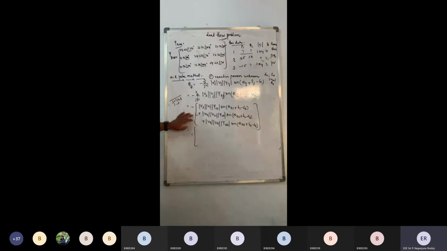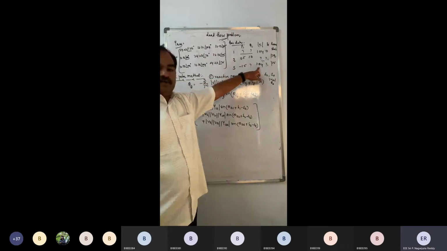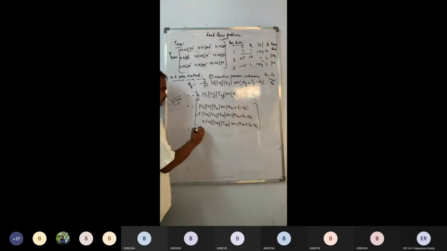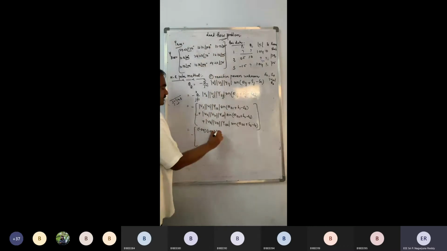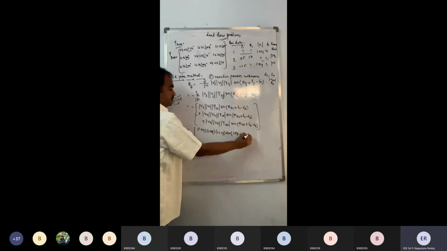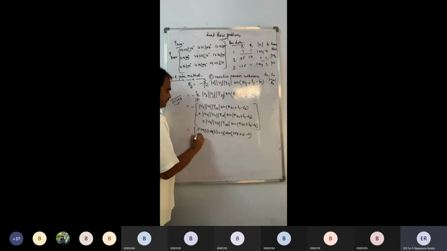I have all the data which is required in these two tables. That's why writing these two tables is important for us. Once you have these two tables, you can easily write this data here. V3 is 1.04, V1 is 1.04. Y13, magnitude only I need, 4.13. I know the angle is delta 1 plus 0 minus 0 because the angles are all 0.